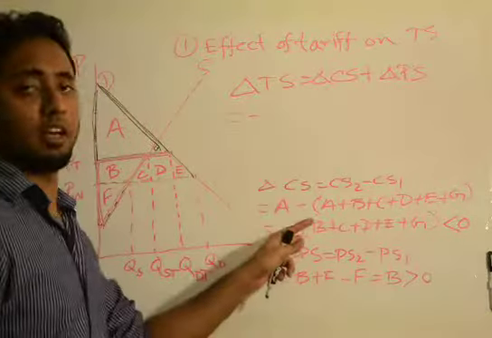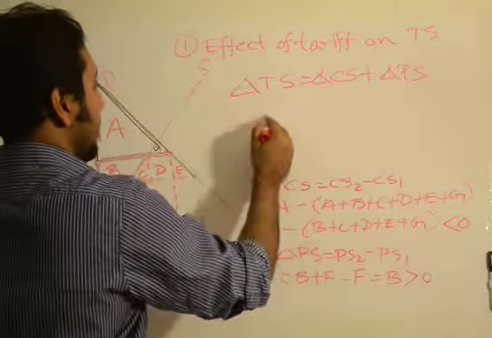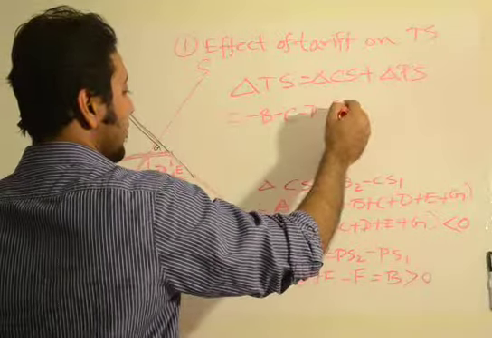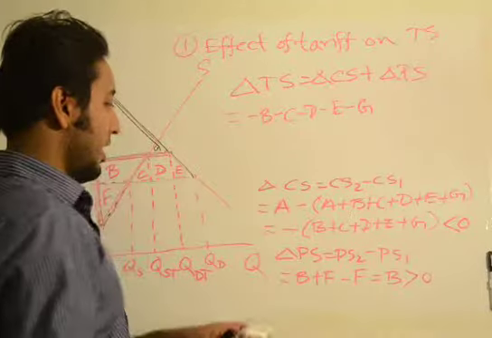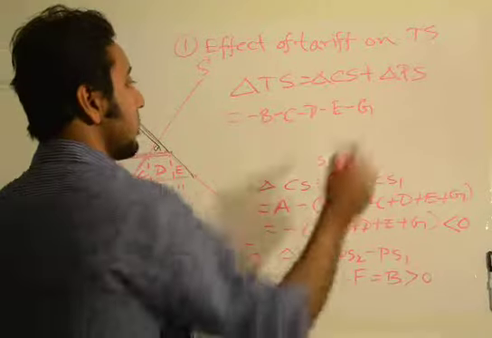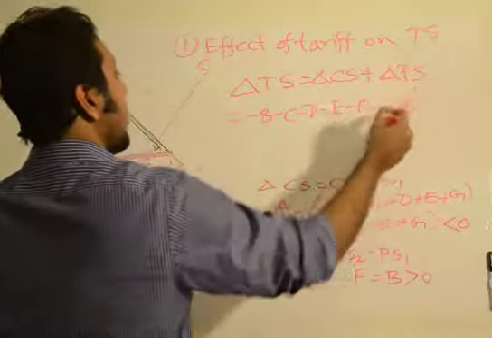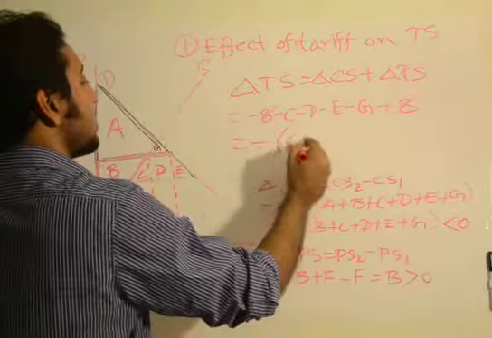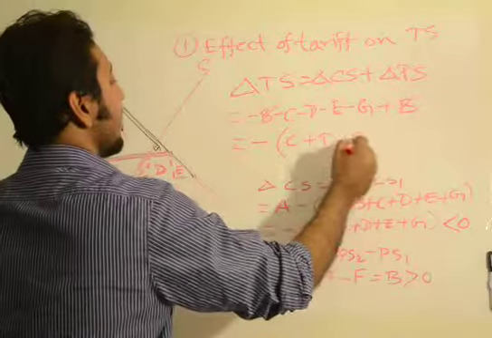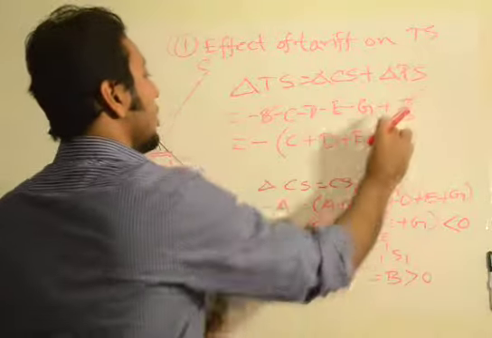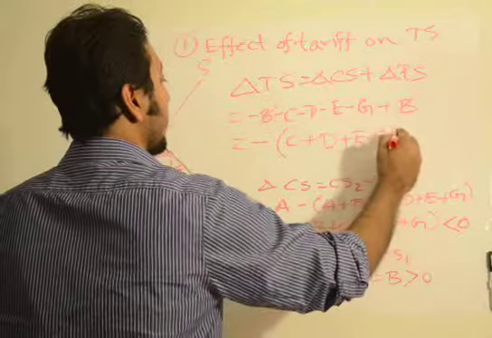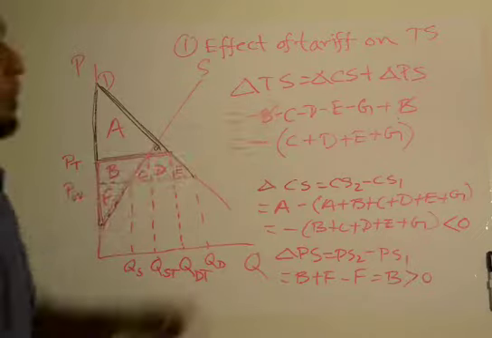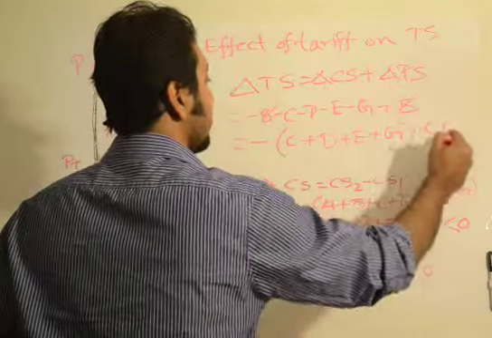We are opening the bracket now, so minus B, minus C, minus D, minus E, minus G. And we have B here, so plus B. Cancel this off. We are left with negative, we take the bracket again, C plus D plus E plus G. So we are putting all of the terms inside the parentheses. And now what we see is the total change in surplus is negative.